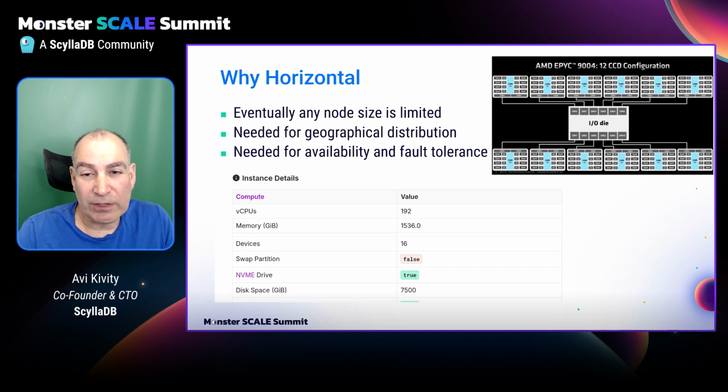And if you look at the image on the right, this is a similar processor from AMD, which also has 192 vCPUs. And you can see that even though we're talking about vertical scalability, the CPU itself implements a sort of horizontal scalability by aggregating cores into CCDs and aggregating CCDs into the processor.